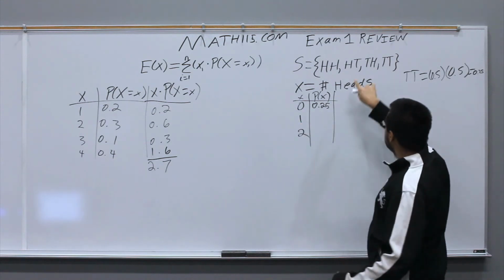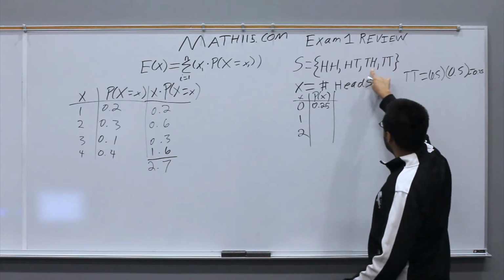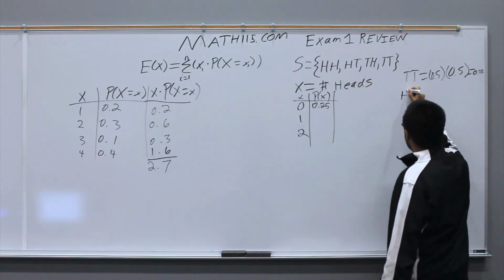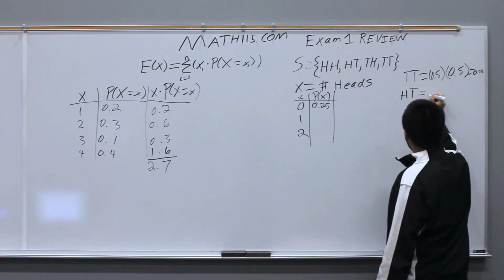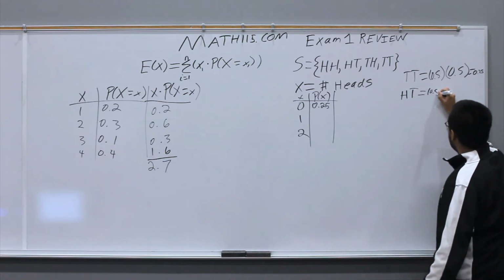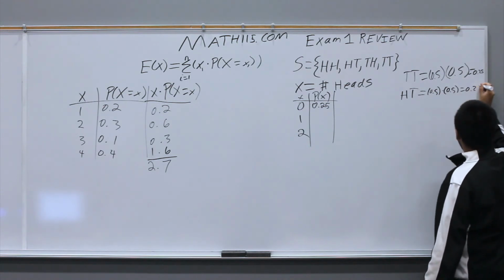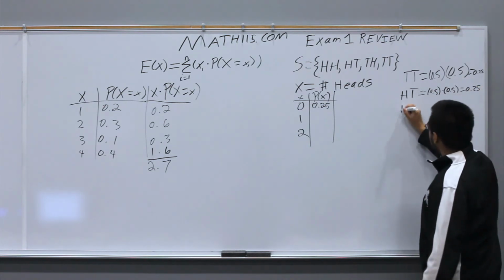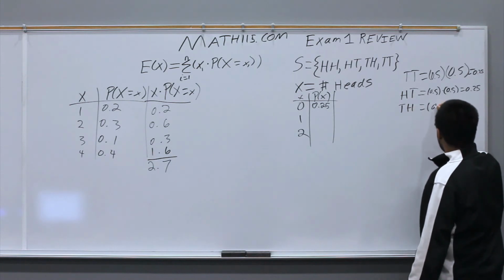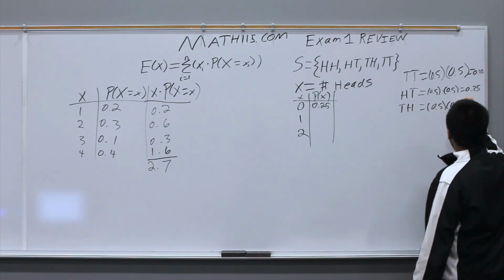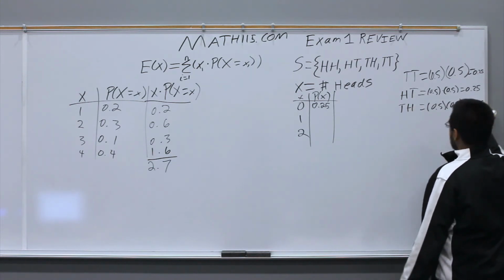Now for 1, there are 2 possible outcomes where we have 1 heads. If we take HT, we find this probability at 0.5 times 0.5, which is equal to 0.25. And then you do the reverse, TH, and you get the same outcome. So what is the probability of getting one head?